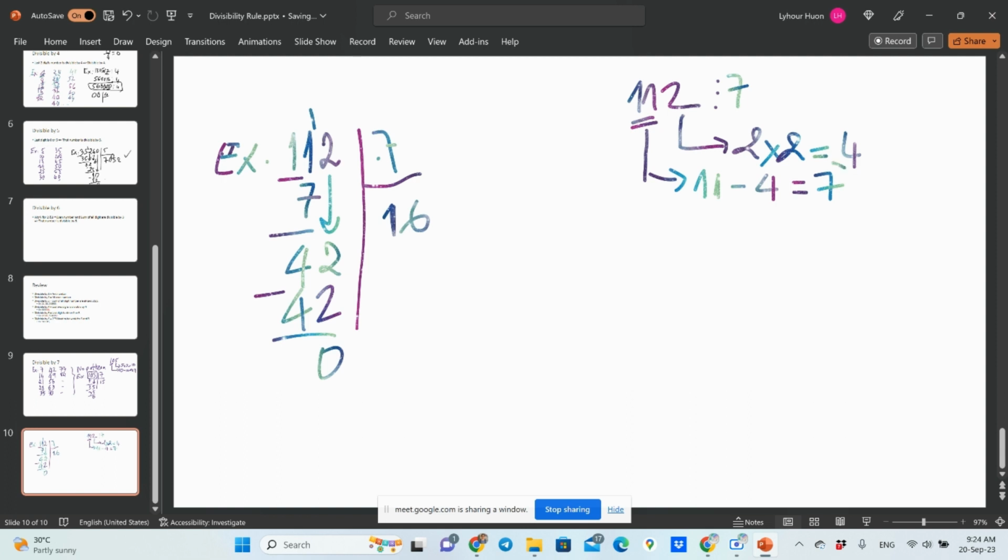If the result is divisible by 7, this number is divisible by 7.